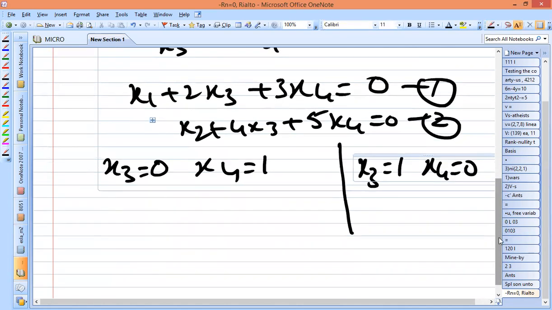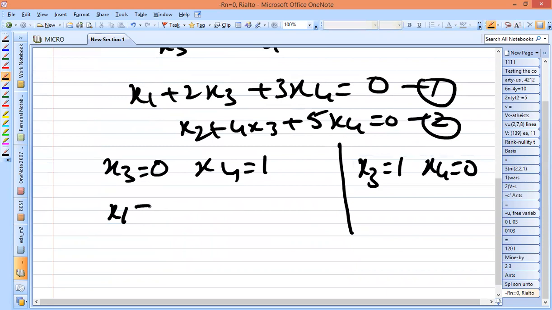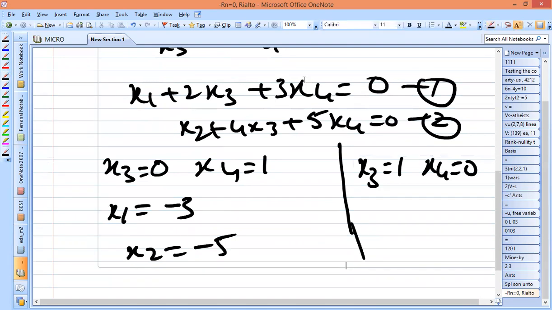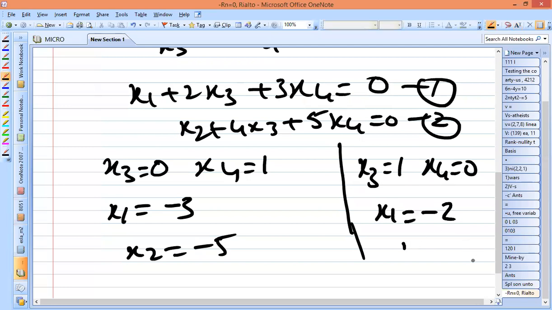If you substitute, for the first column we get x1 as minus 3 and x2 as minus 5. In the second column, x1 is minus 2 and x2 is minus 4.